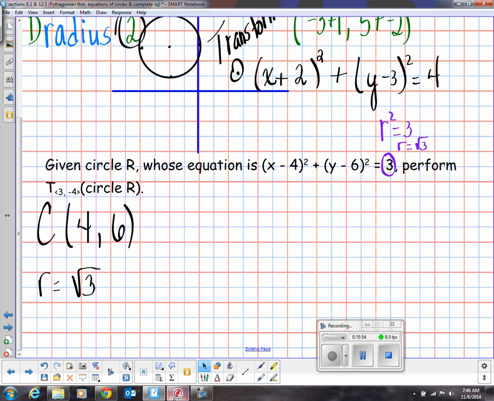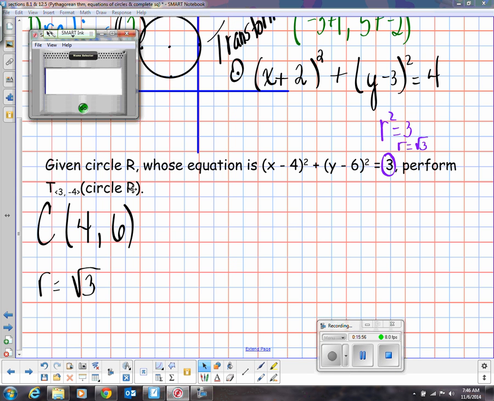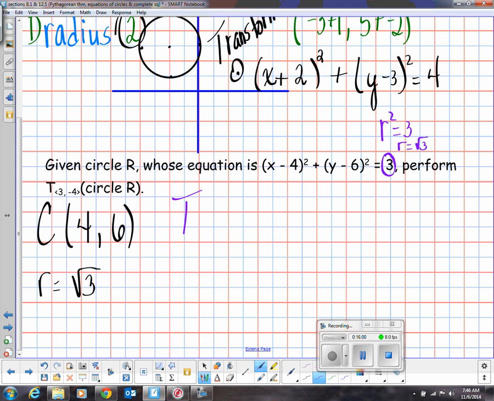Now, we need to take it through a transformation, and this transformation, Carlin's going to look like what? We're going to transform using 3, negative 4, the center 4, 6. What will that look like? No, you're transforming it.